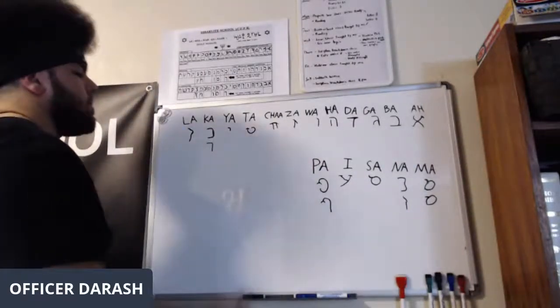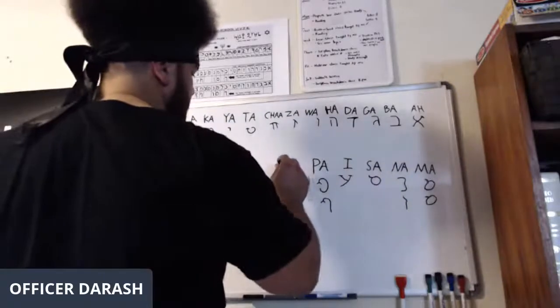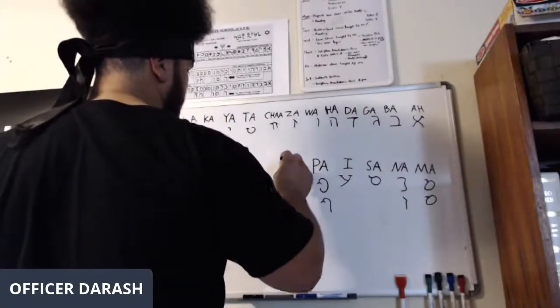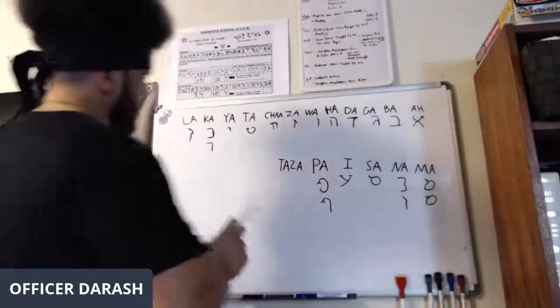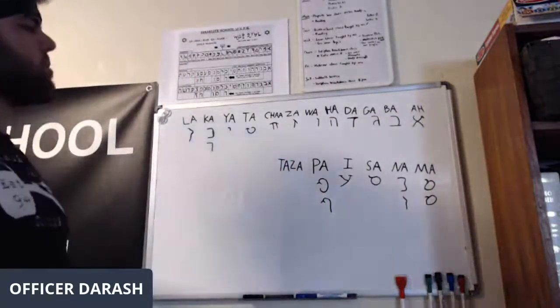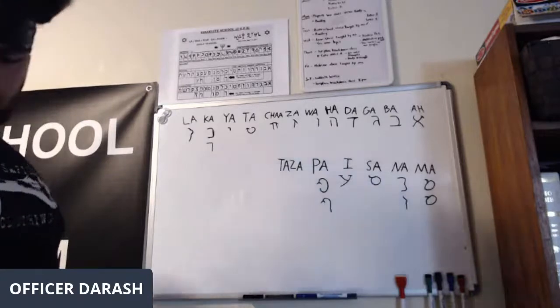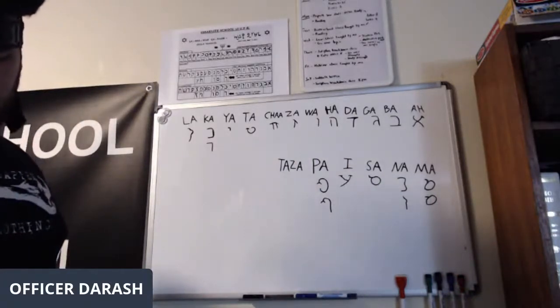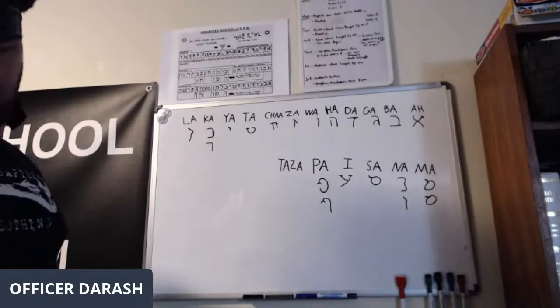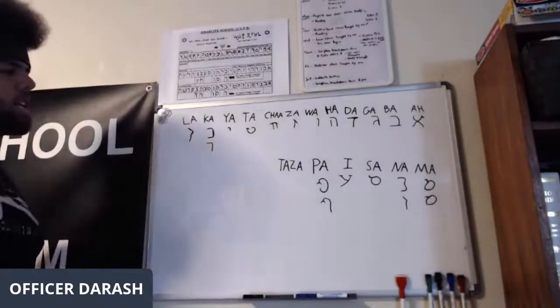To Za. So there, I forget how they pronounce Tazah in their bastard tongue. I don't think it's Tazah. They pronounce something real weird. All right, this is Tazayad. That's how we would pronounce it, Tazayad.